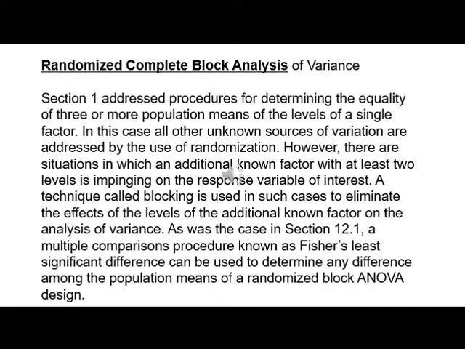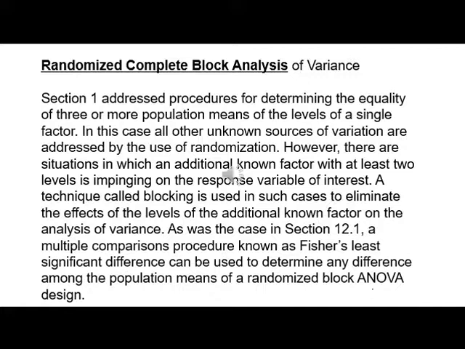Randomized complete block analysis of variance. Section 1 addressed procedures for determining the equality of three or more population means of the levels of a single factor. In this case, all other unknown sources of variation are addressed by the use of randomization. However, there are situations in which an additional known factor with at least two levels is impinging on the response variable of interest.